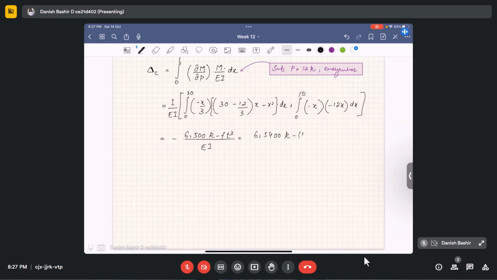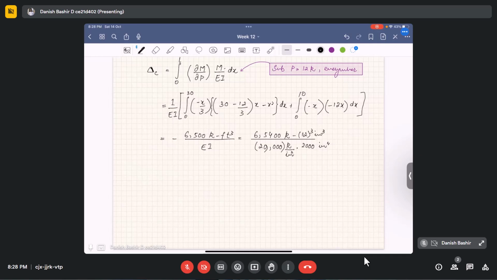It will be 12 cube, because 1 feet is equal to 12 inches, divided by EI. What is the value of EI? E is 29,000 kilo pound per inch square, and I is equal to 2000 inch power 4.